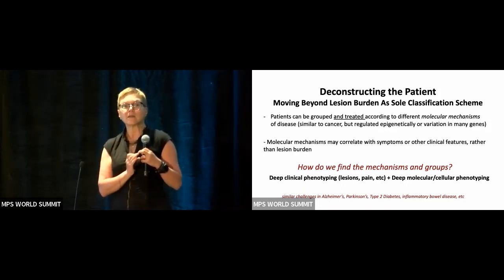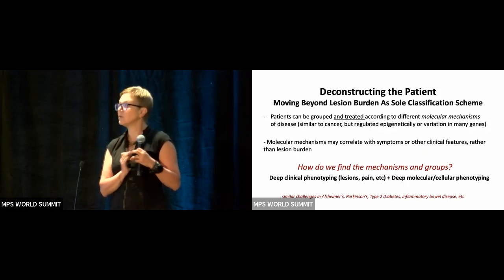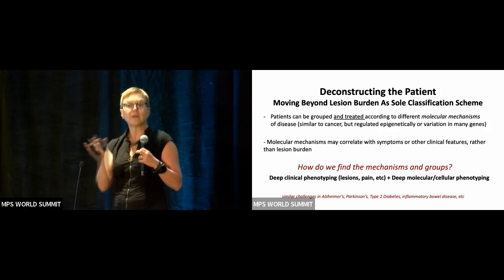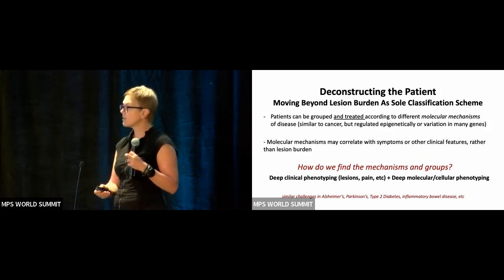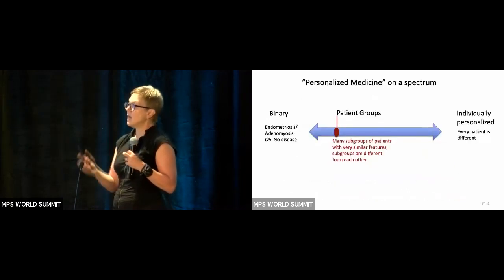And even though there are not somatic mutations that are credible yet, we speculated that we might be able to find different subclasses of patients on a molecular basis. So how do we do that? And why do we do that?